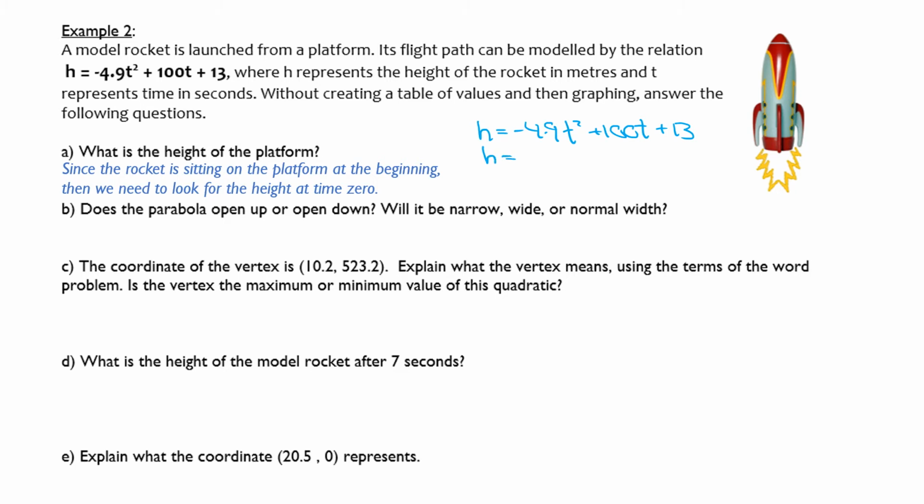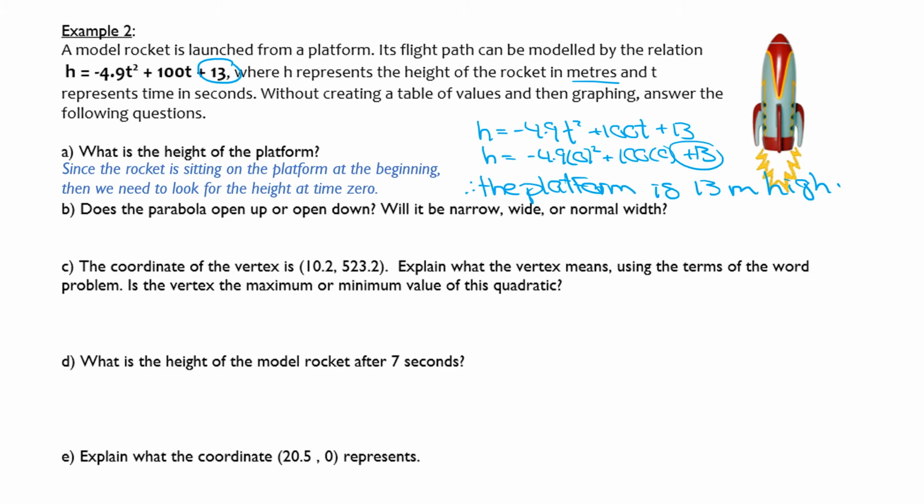So I don't even need to do this line that I'm doing right here. Remember what I told you in the last slide? Once you sub in all these zeros, all you're going to be left with is 13, your constant, that number there. So the height of the platform, and what units are we using here? 13 what? 13 meters high.